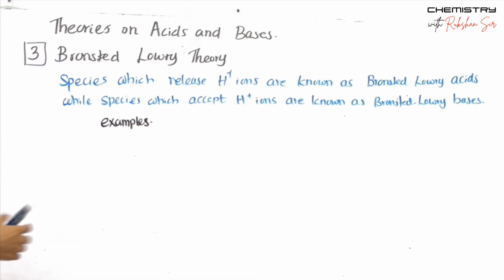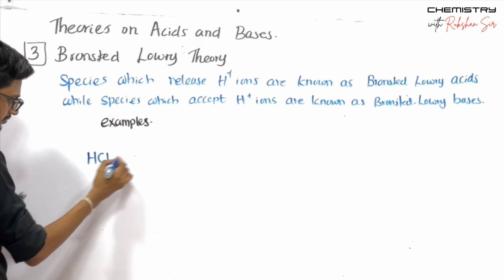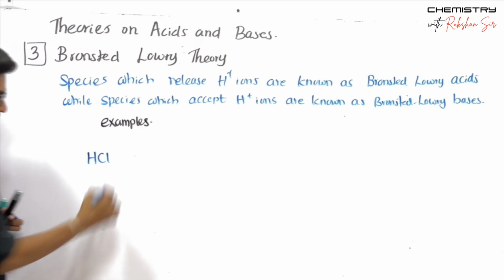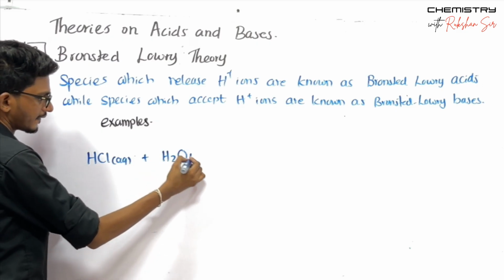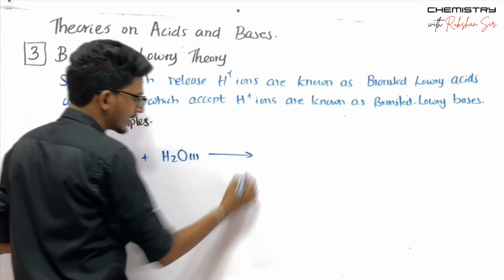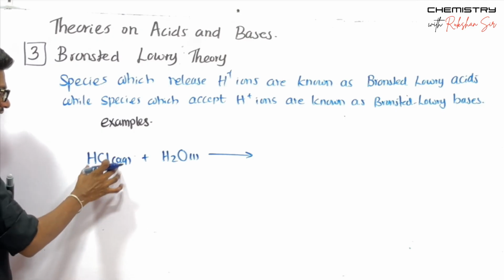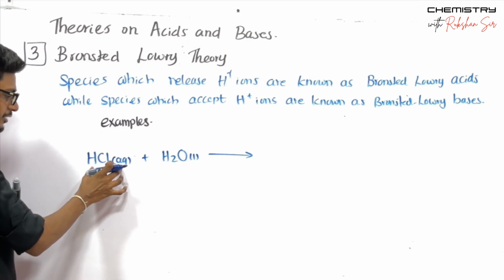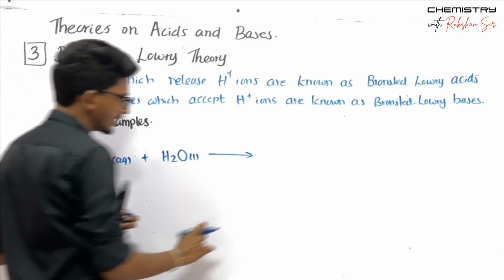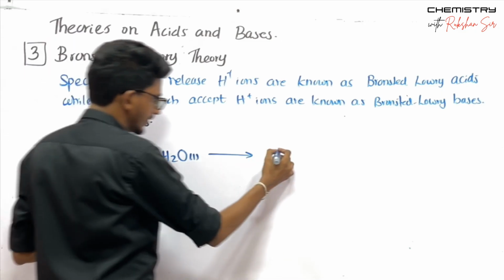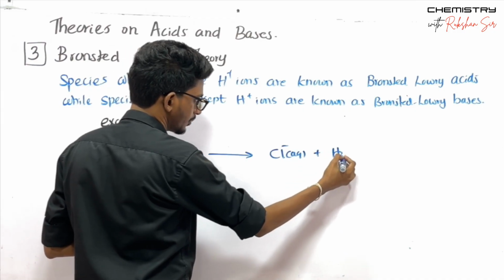As an example, think of HCl. In aqueous solution, what will happen? HCl will ionize to release H pluses, and that H plus will be grabbed by H2O, ultimately forming Cl minus ions and H3O plus.